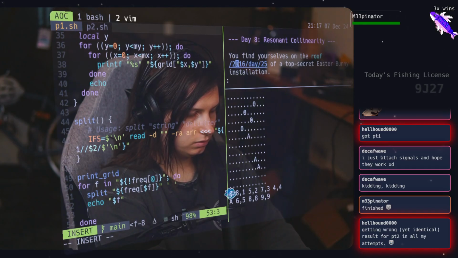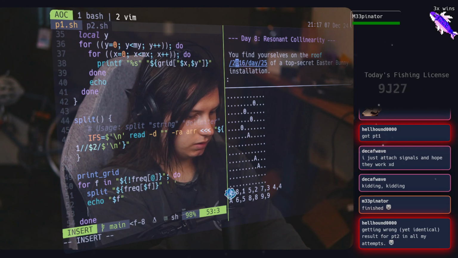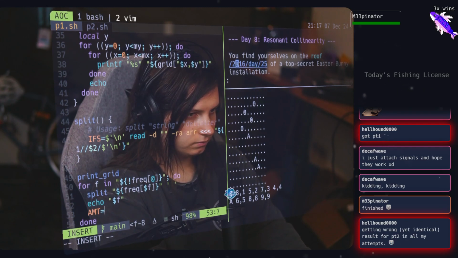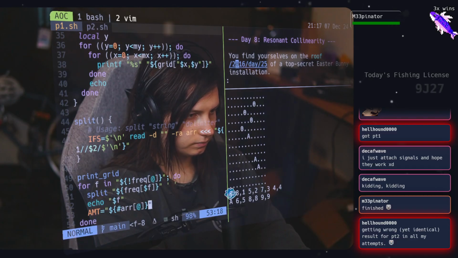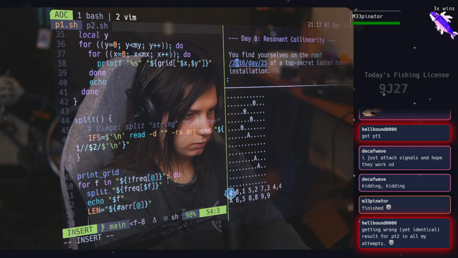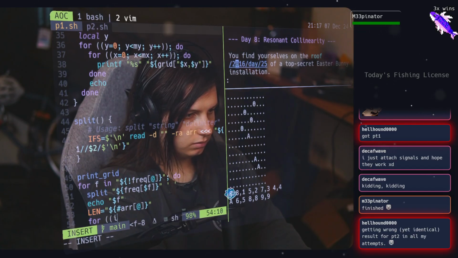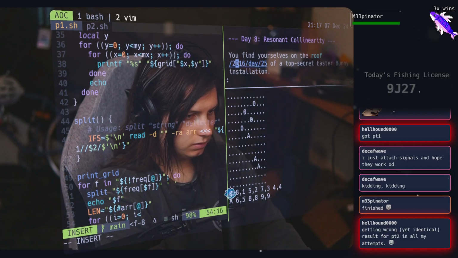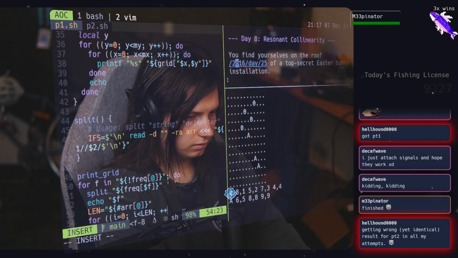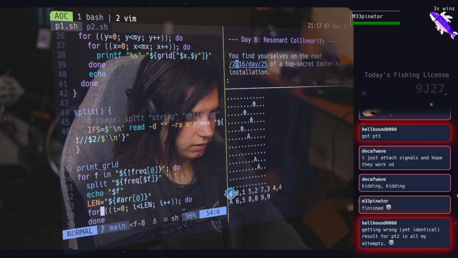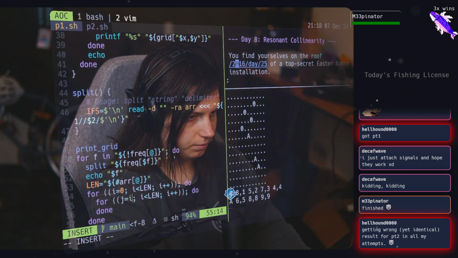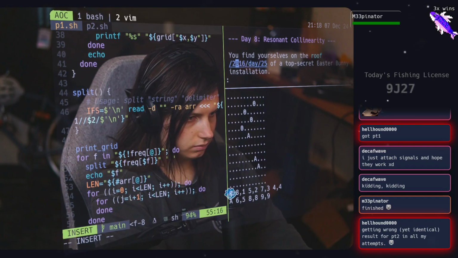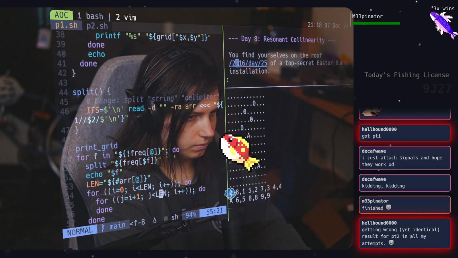It's the length of R. For i equals 0, i less than len, i plus plus, do done. j just starts at i plus 1 and goes up.